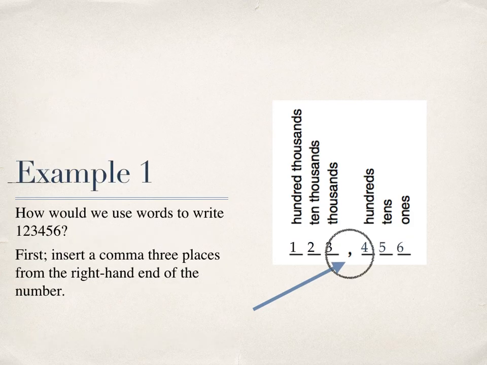How would we use words to write 123,456? First, we would insert a comma 3 places from the right hand end of the number.